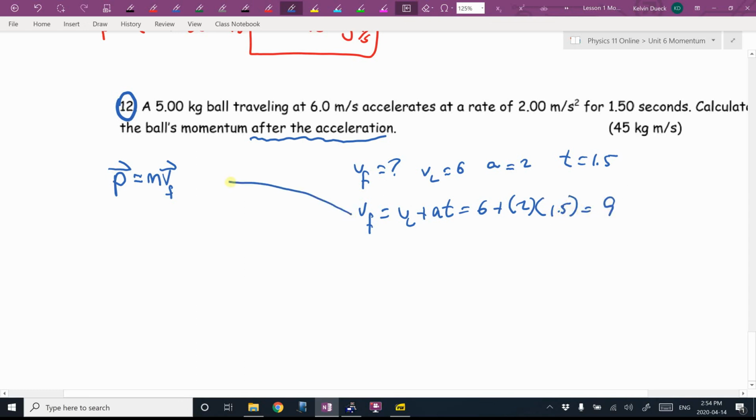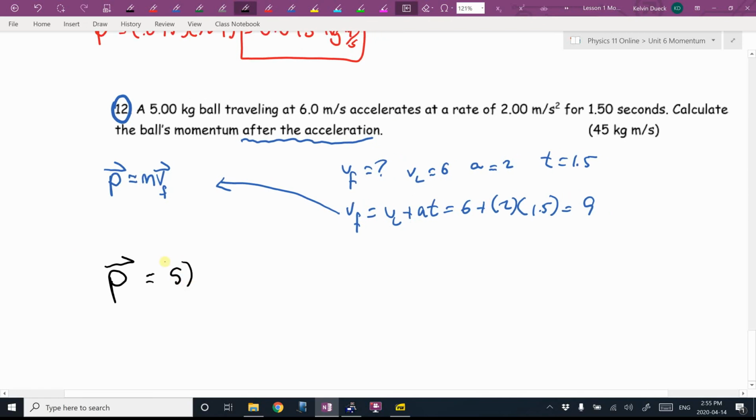And I can plug that in over to here, and I'll get momentum is mass 5 times V final 9. It's going to be 45 kilogram meters per second.